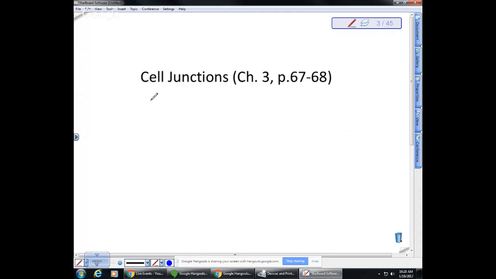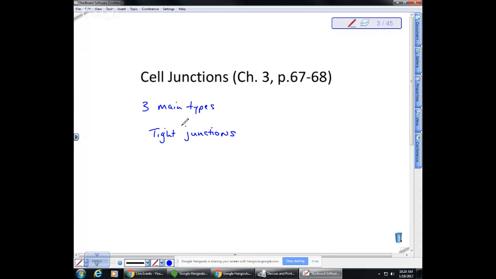When we look at the cell junctions, there are 3 main types. The first one being tight junctions. And tight junctions are really important in that they create an impermeable barrier. So if you think about the lining of the bladder, for example, that is epithelial tissue.